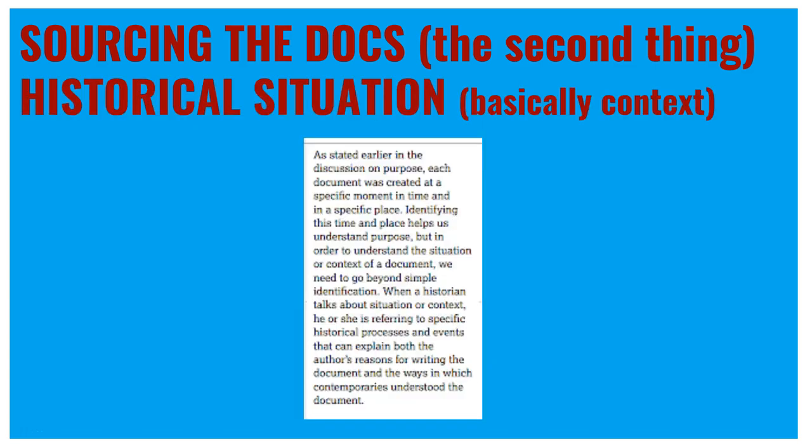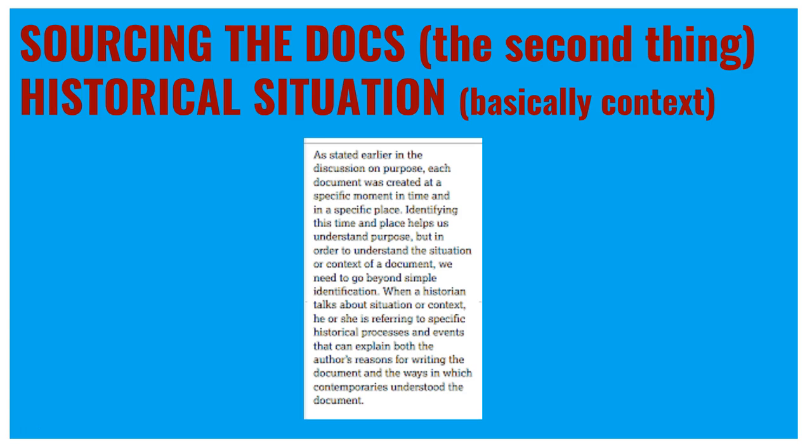Okay, now we're going to go ahead and discuss each of the elements. Here's the historical situation, basically context. I'll let you read that. It helps to know the context of this time. Like, why are Americans, around 1940, talking so much about foreign policy in Europe? Oh, that's right.